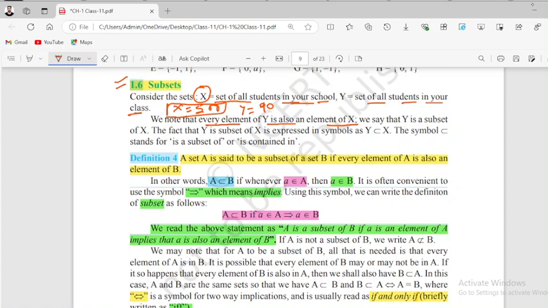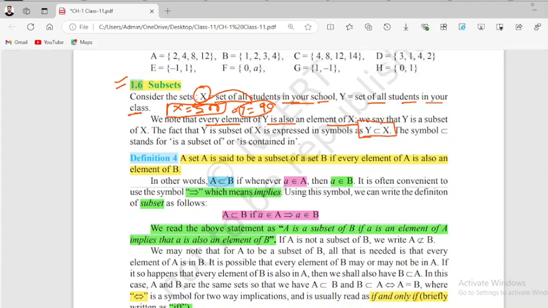So these 90 students also belong to X, so Y will be a subset of X. It is denoted like that: Y is a subset of X. So this is basically an example of a subset.